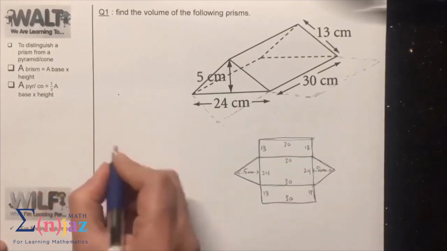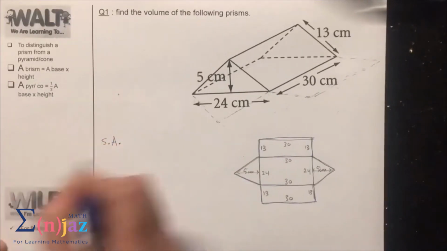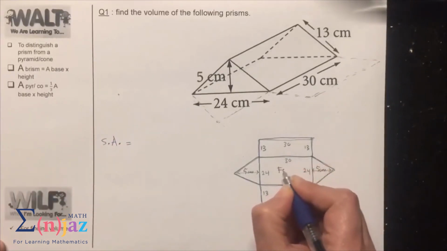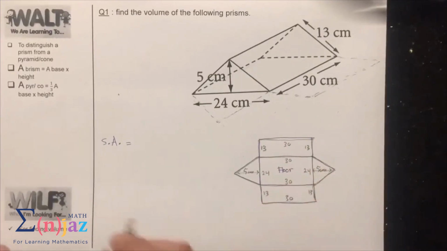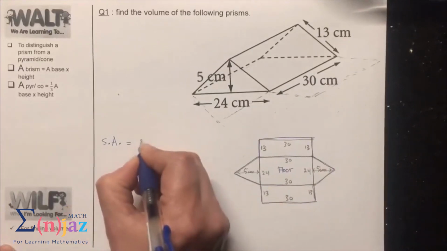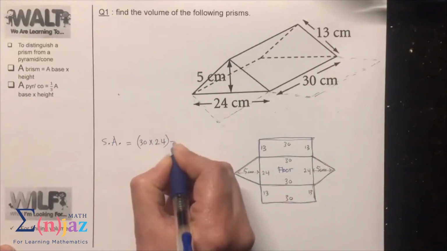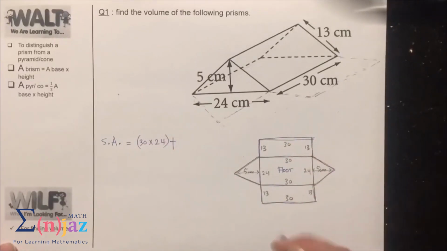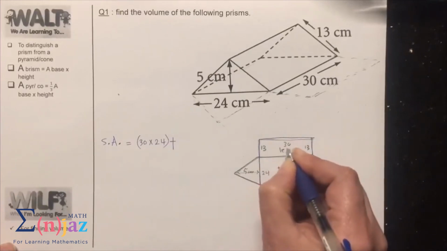So you're going to say here surface area is equal to. So if this is the floor, let's start with this piece. So it's going to be 30 times 24, and it's one piece, plus I have two pieces from the right side and the left side.